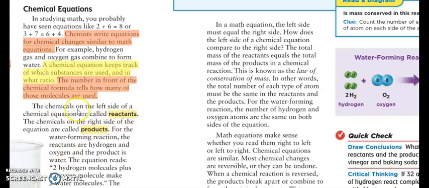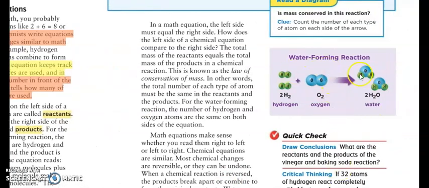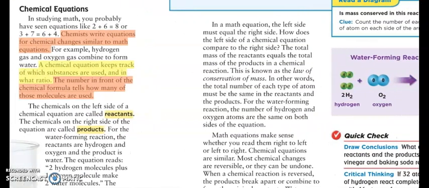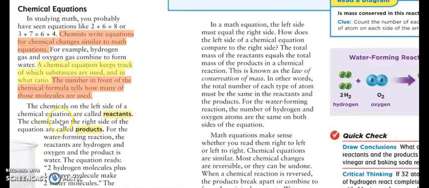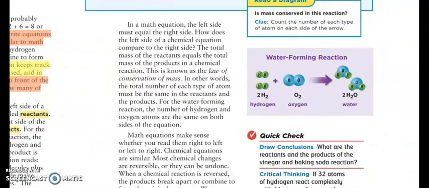The chemicals on the left side of a chemical equation are called reactants. In this example of the water forming reaction, the reactants are hydrogen and oxygen. The chemicals on the right side of the equation are called products. In this equation, the product is water.